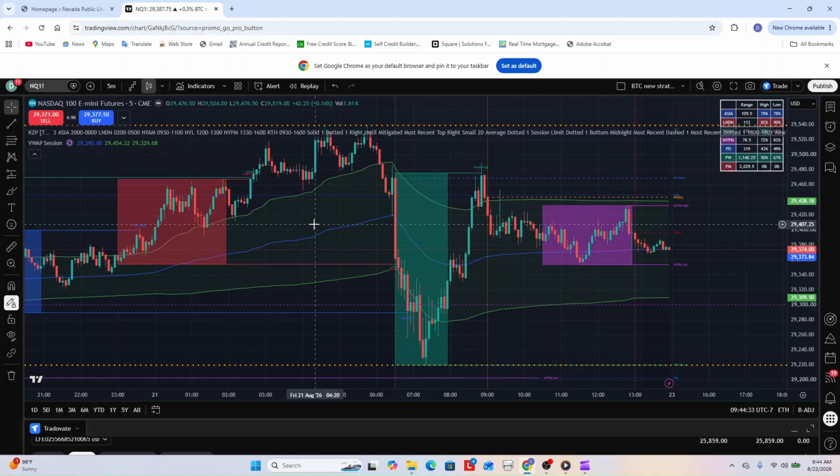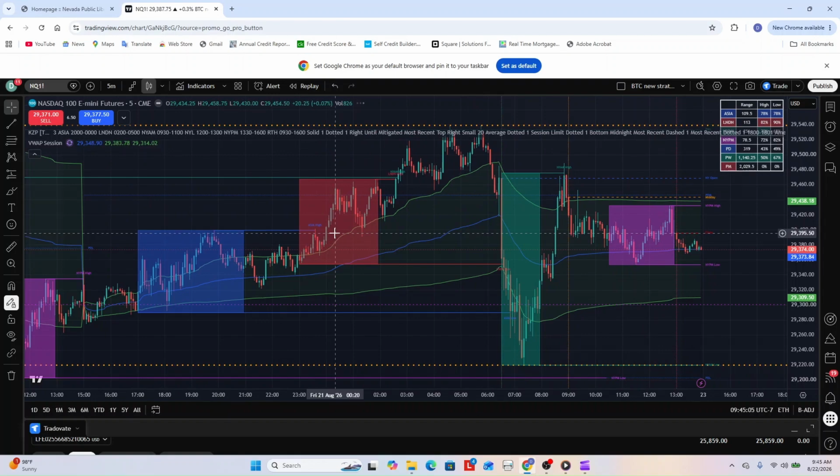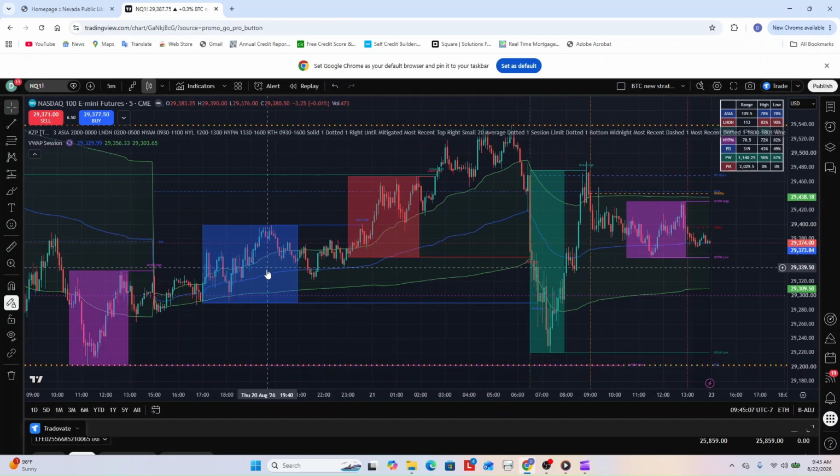So this area right here would be part of London session, but this part right here in the morning, I'm in PST time zone. So pre-market for EST would be 4 a.m. to 6 a.m. And then we have London. So this red box is London session. Okay. And then this blue box is Asia session. And then this right here is considered Globex.